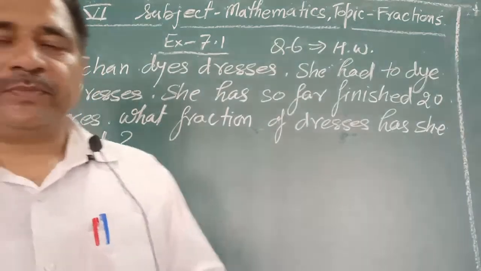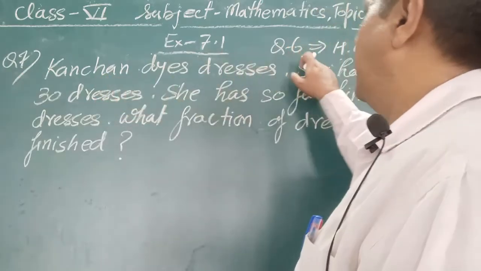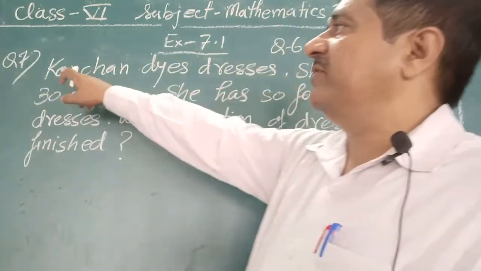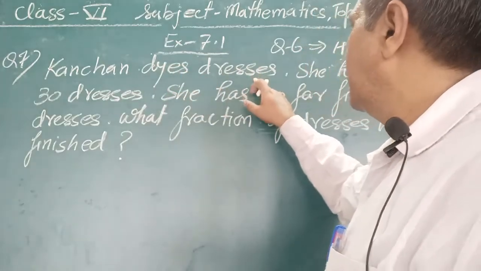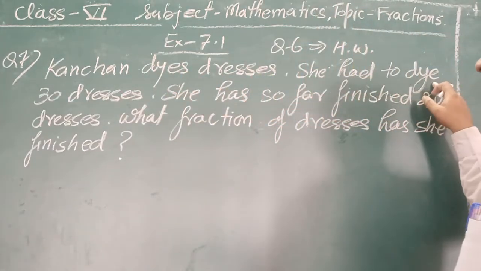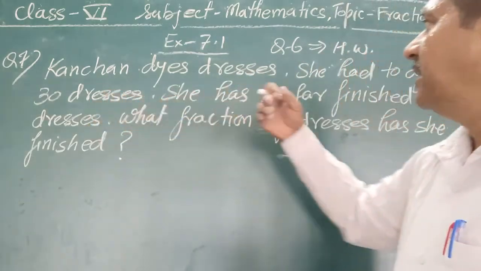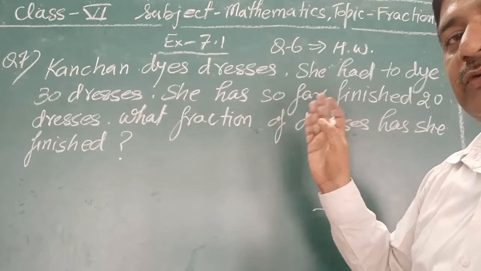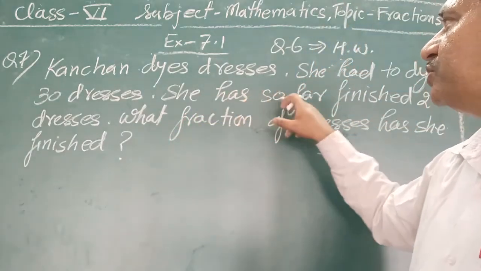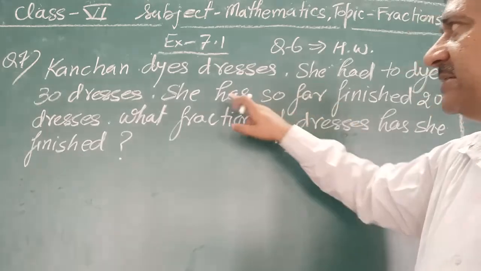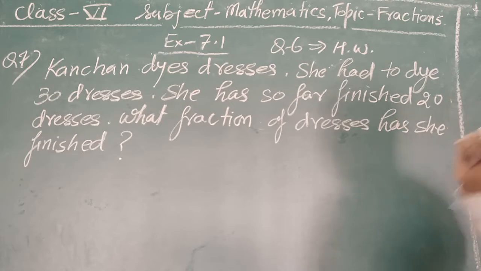Now students, question 6 is for homework, and question 7 says: Kanchan dyes dresses. She had to dye 30 dresses. She has so far finished 20 dresses.